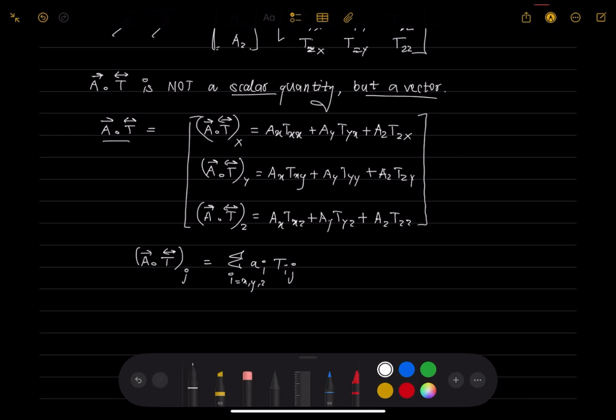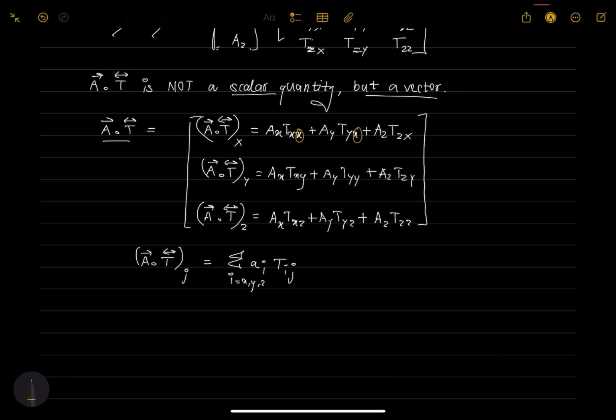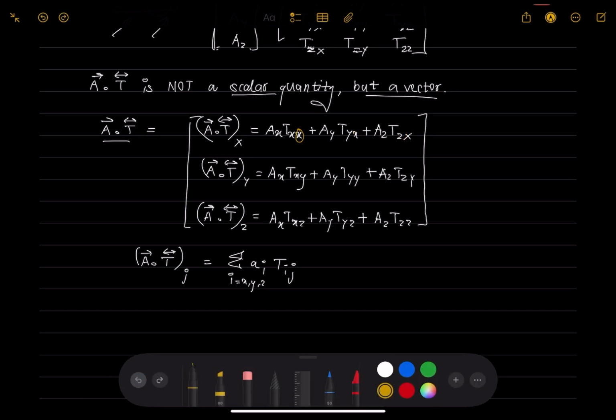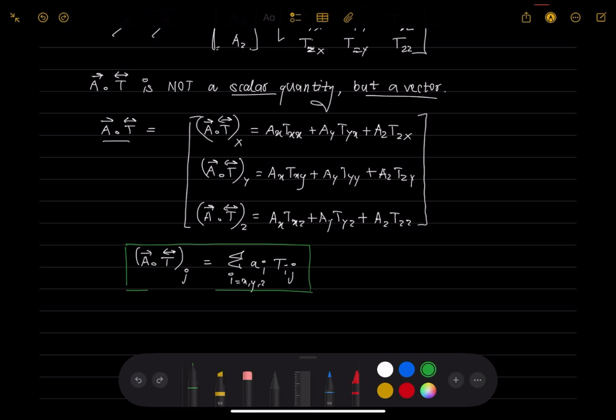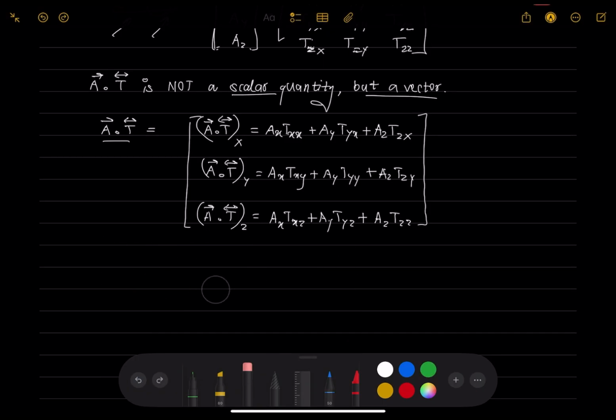For the y element, we're going to fix the second index at y, and for the x, we fix the index at x. So, more formally, the jth component of the dot product, when the vector is written to the left of the dot by the notational convention, is this particular sum, which is the same thing as taking the dot product between two regular column vectors.